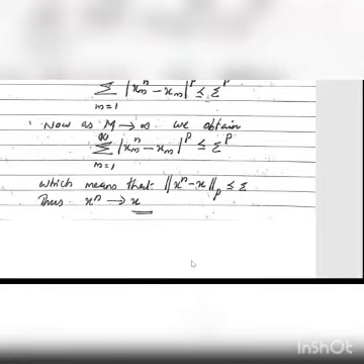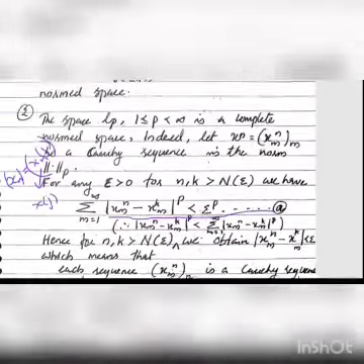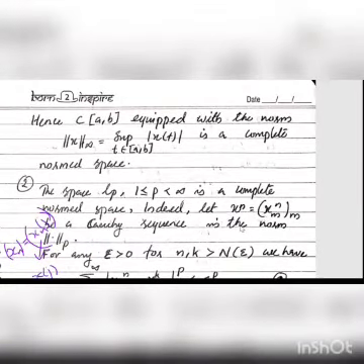I know that there may be some difficulty in understanding the notation in this example, since we are considering a sequence of this form. I followed this notation since it is what is given in your textbook.